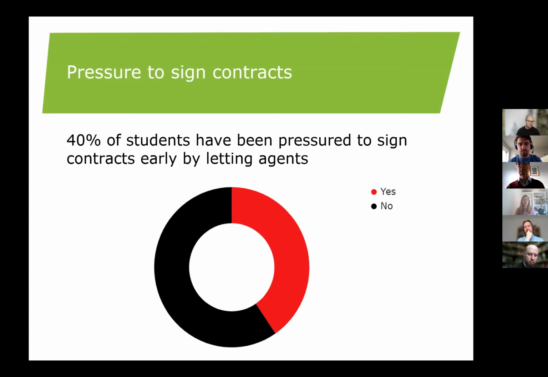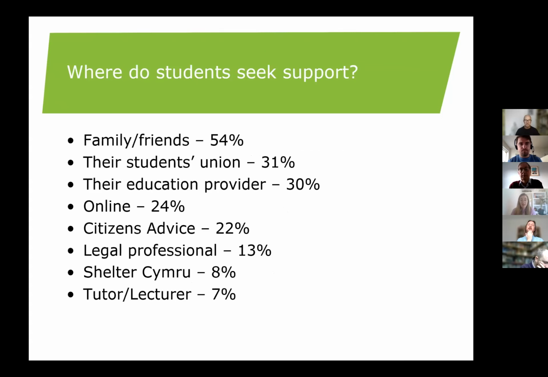So 40% of our students that we surveyed said that they felt pressure to sign a contract early to make sure they were guaranteed a house for next year and not be left looking for accommodation after Christmas. Something that I experienced as a student myself, I was pressured to sign my second year contract by November. Bearing in mind, I'd only just started in September. So yeah, it's very much happening up and down the country.